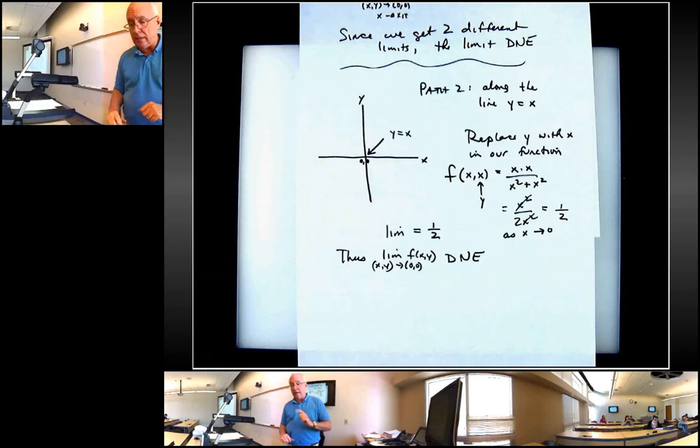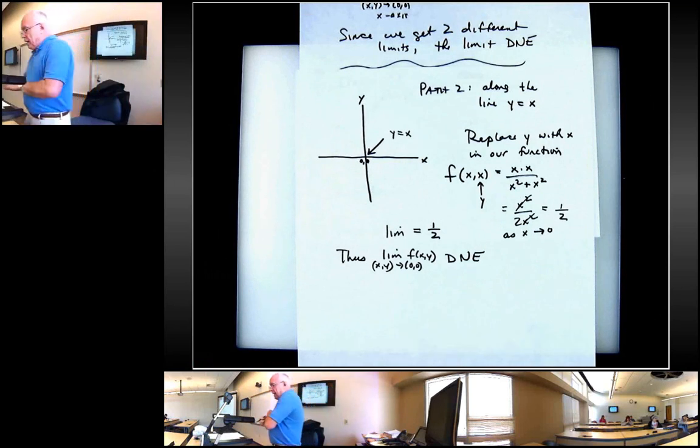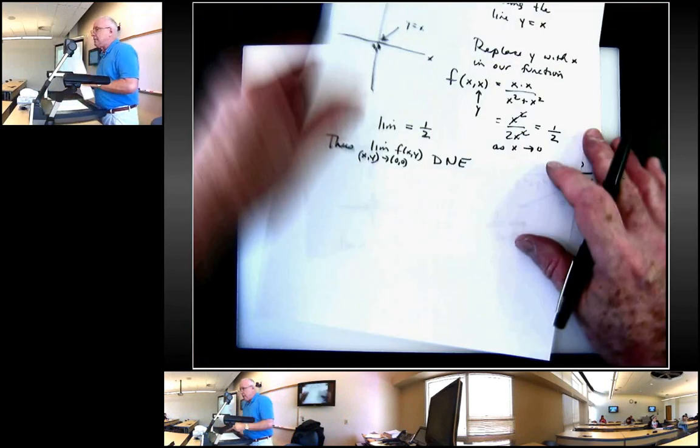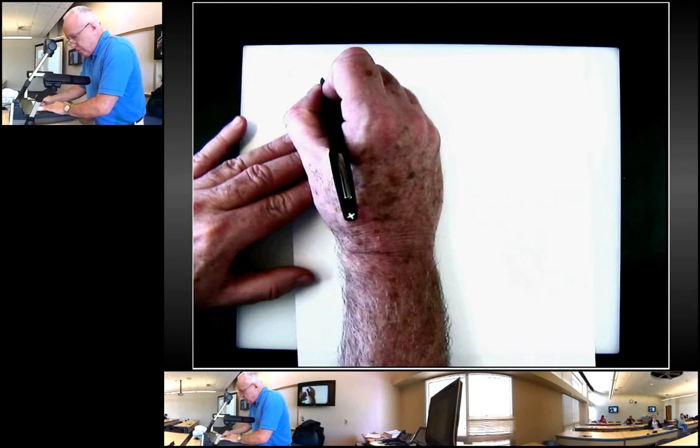Got to find the second one, second path. Now, I've got one last example where, yet again, we're going to have to use a different path to get to 0, 0. So here's the last one, number 3.